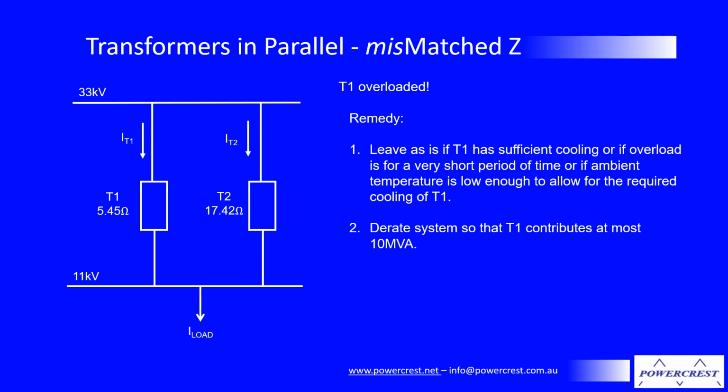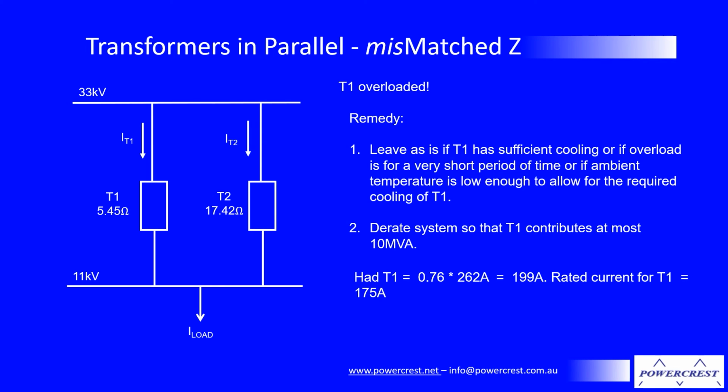The second option is to derate the system load so that T1 contributes at most 10 MVA, in other words, its rated power. Well, how to calculate the derating? We can go about it this way, right? T1 has 76% of the load current, which is 199 amps, but the rated current for T1 is 175 amps.